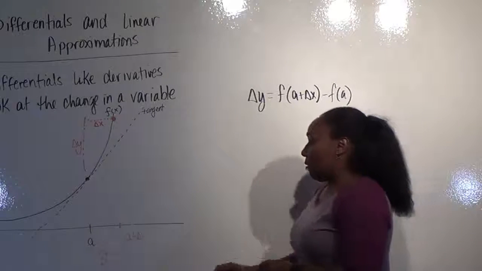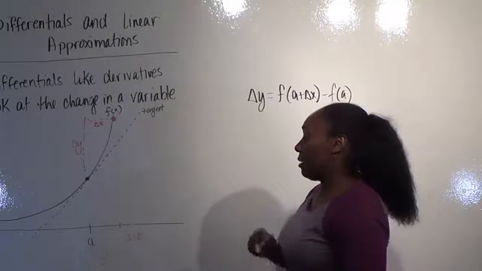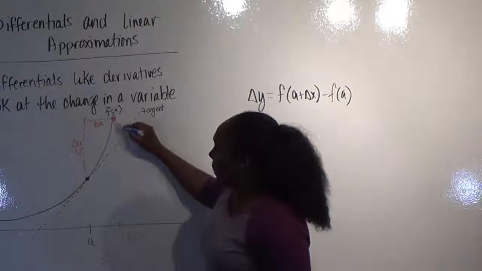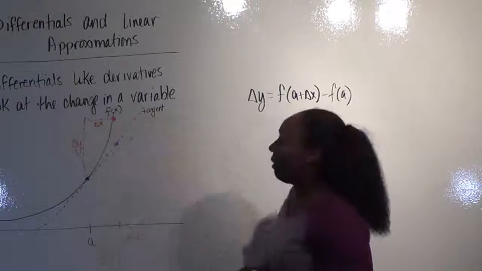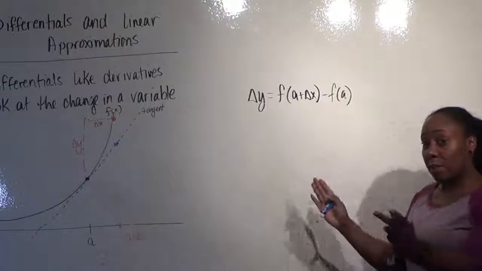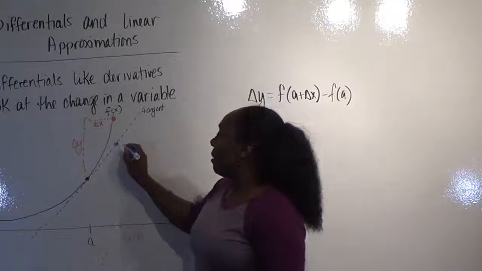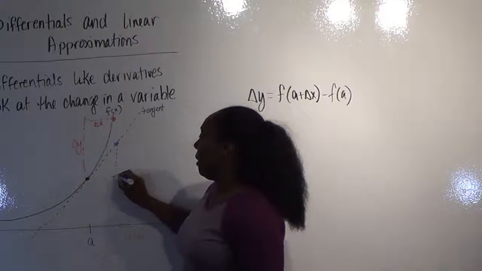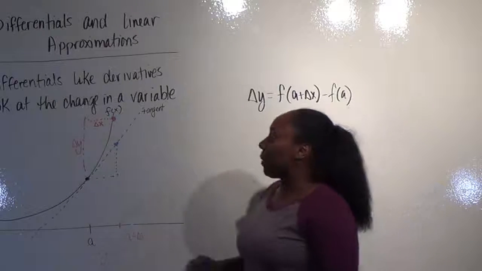So in blue, I'm still going to use that same point A plus delta x, but instead of looking at the function value, I'm going to go up to the tangent line. There's a point there on the tangent line that has the same distance away from A, but now when I look at those heights, notice the heights are very different.